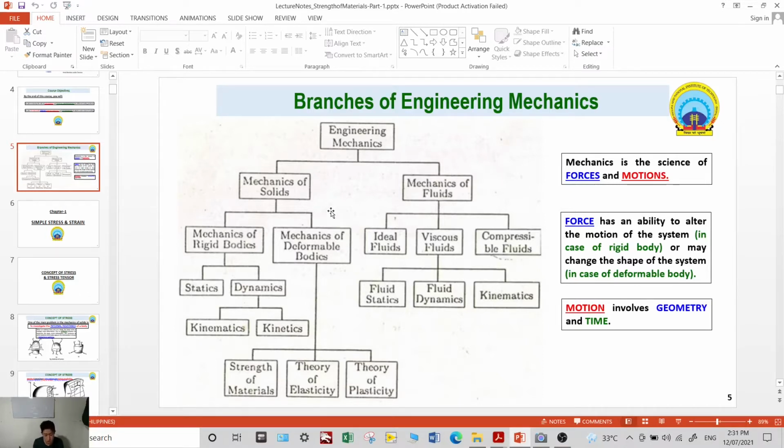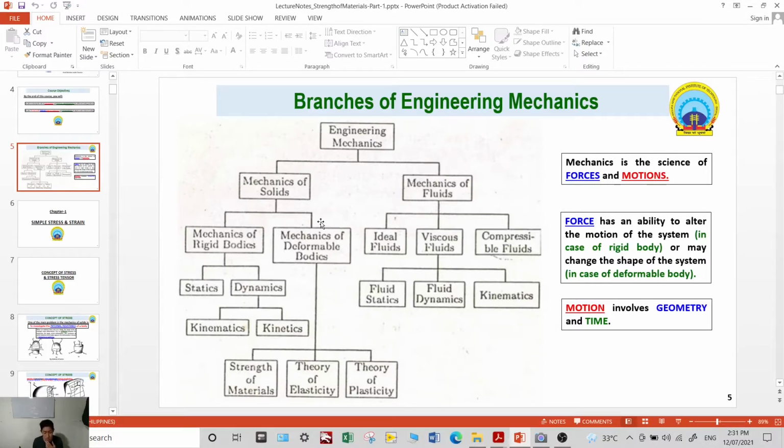The other subtopic of mechanics of solids is the mechanics of deformable bodies. In this subject, the bodies being studied already have deformations.